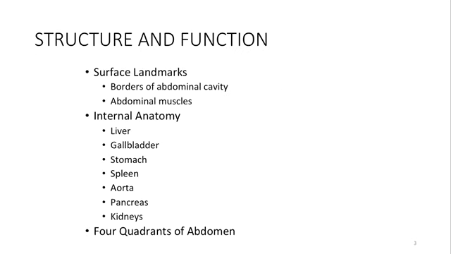So structure and function, the way I like to think of the abdomen, and terms you want to be familiar with, are 4 quadrants. In a few slides I'll show you a picture of it, but there's a lot of things going on in the abdomen. I would say the most common complaint in the emergency department where I work is abdominal pain.